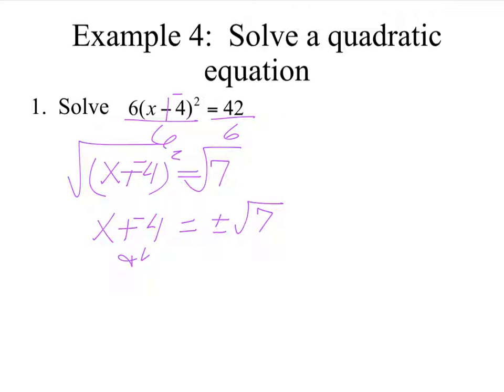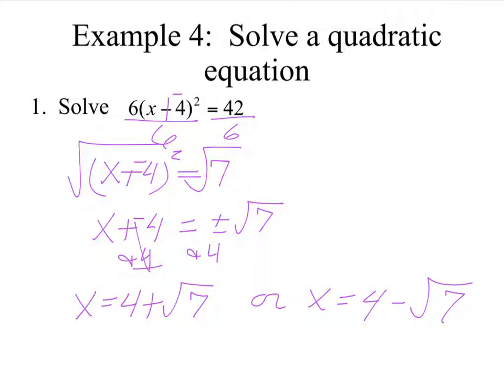So now I'm going to add 4 to each side. What that gives me is x equals 4 plus the square root of 7, or x equals 4 minus the square root of 7, because we have that positive negative sign in there. At this point, you would plug them into the calculator, and you would get 6.6 or 1.4 as your two final answers.